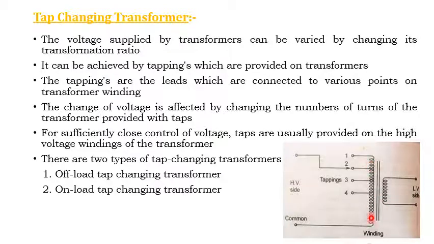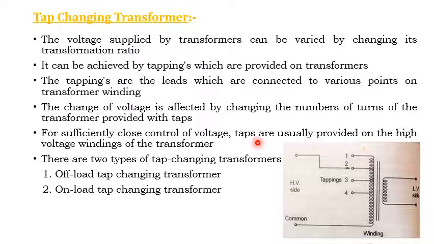The primary winding is the high voltage side, the secondary winding is the low voltage side, and here a number of tappings are provided. So this is the lead, or this is the contact, which is connected at a number of points on the transformer winding. So this is nothing but the tappings on the transformer winding.